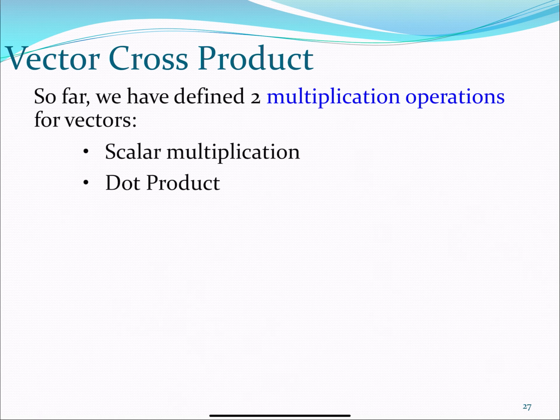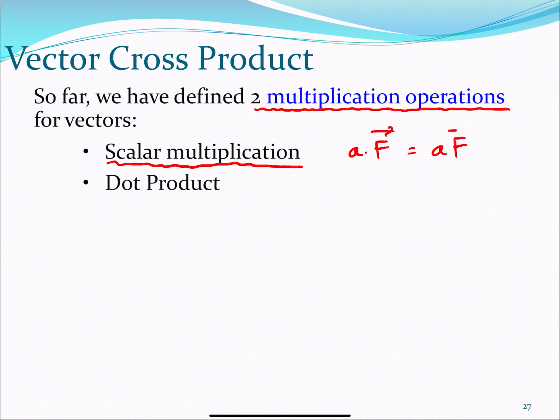So far, for vectors, we have defined two multiplication operations. For example, scalar multiplication, which is just multiplying a scalar times a force vector, and this is simply a scaled vector like this.